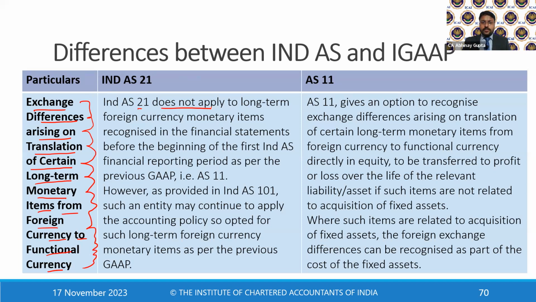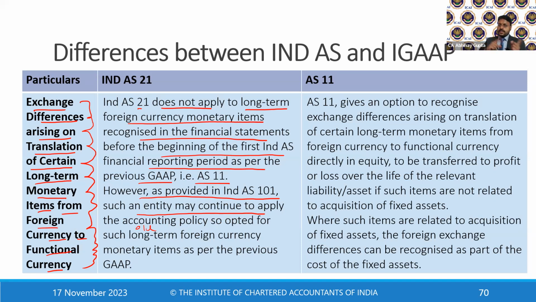Now, Ind AS 21 does not apply to the long-term foreign currency monetary items recognized in the financial statements before the beginning of the first Ind AS financial reporting period as per the previous GAAP, that is AS 11. However, as provided in Ind AS 101, such an entity may continue to apply its old accounting policy they were following in the IGAAP, right?